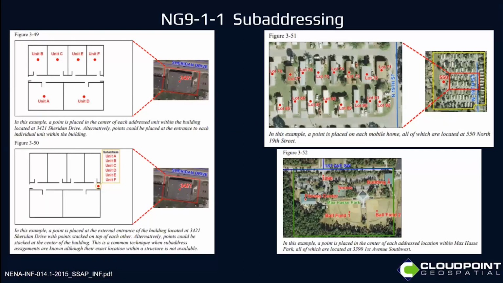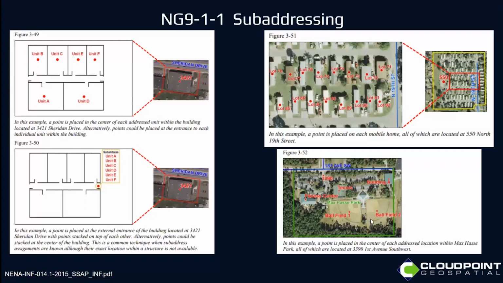Over on the right hand side, we have a mobile home park with lots displayed. Oftentimes mobile home parks will have a single address with a lot or a unit or a number associated. So having these lot numbers recorded in your GIS data in the subaddress fields accurately and consistently is very valuable for emergency response to respond to the right location.